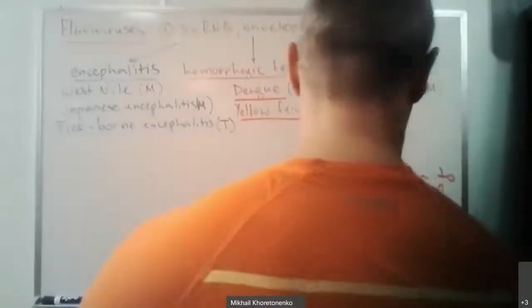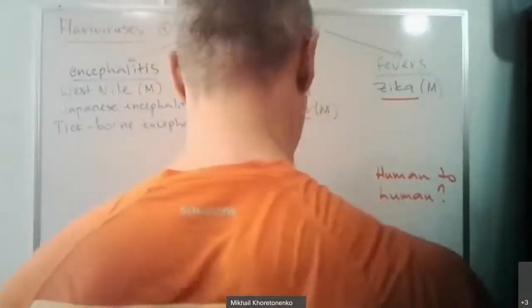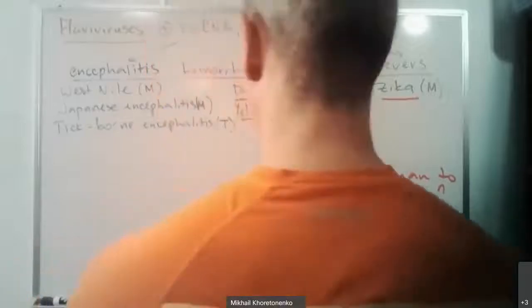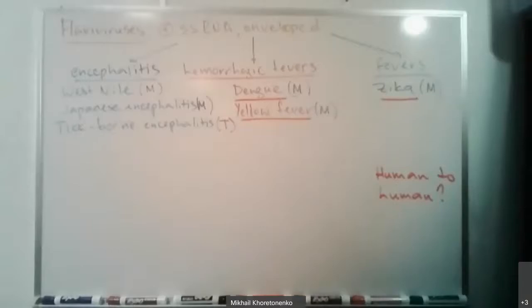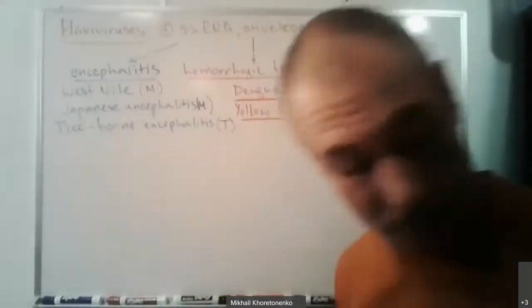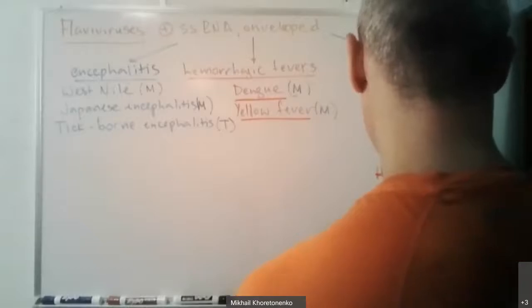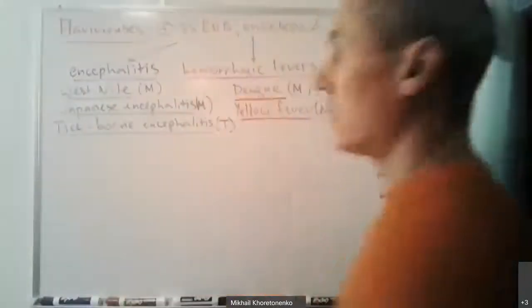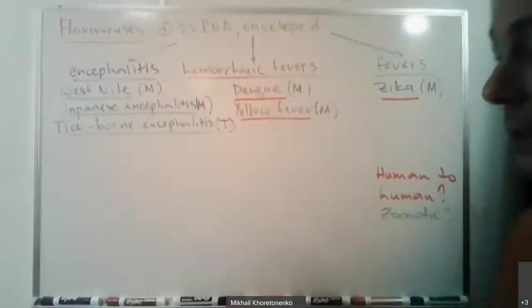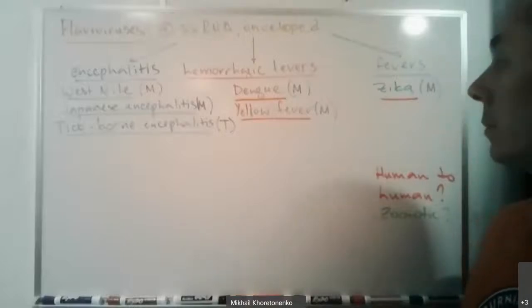These are zoonotic viruses. West Nile can be transmitted from birds, and Japanese encephalitis and tick-borne encephalitis are transmitted from rodents. Okay?